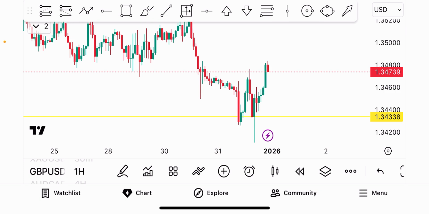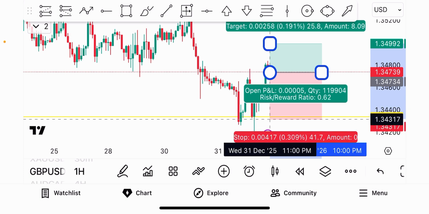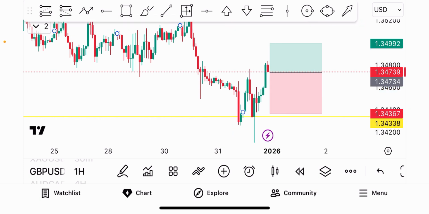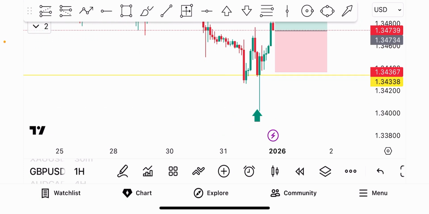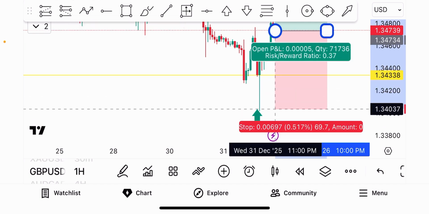So we will be buying from the current market price once the market opens, and we'll place our stop loss right below here. We don't need to put our stop loss at this rejection because price has already proven that that level is a strong pullback support.